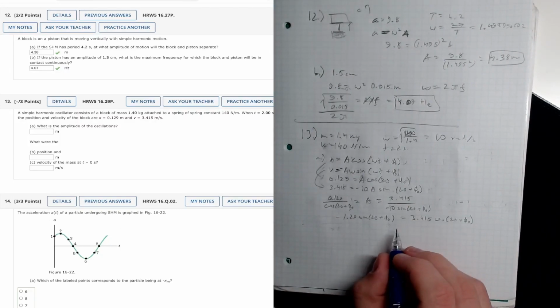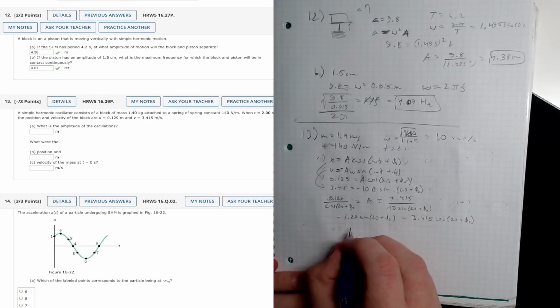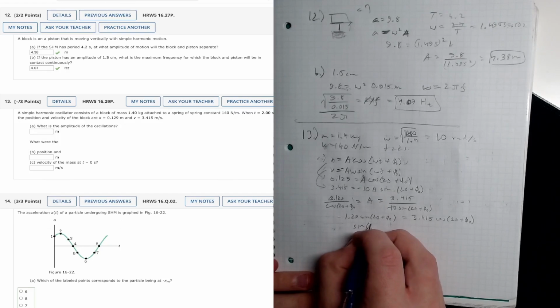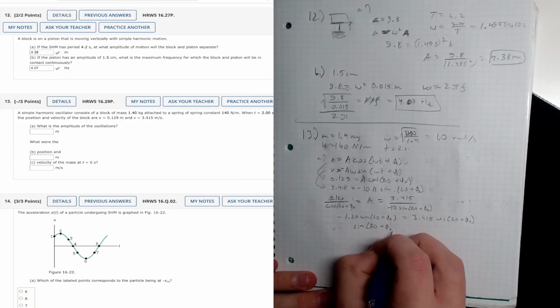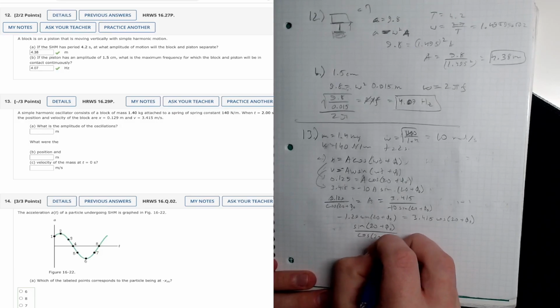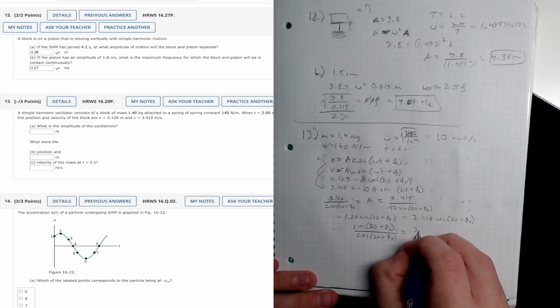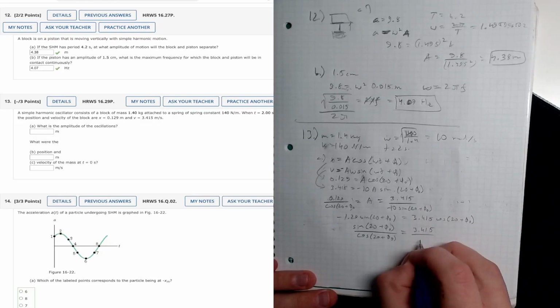Here you probably divide this side by that, this side by that, so sine of 20 plus the phase constant over cosine of 20 plus the phase constant equals 3.415 over negative 1.29.